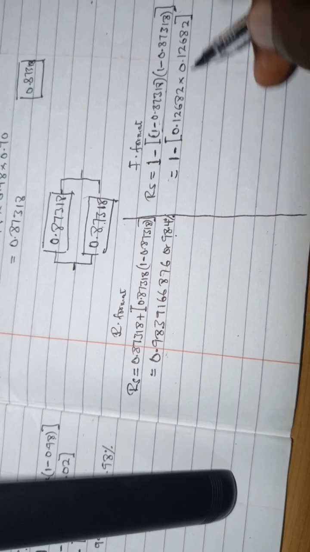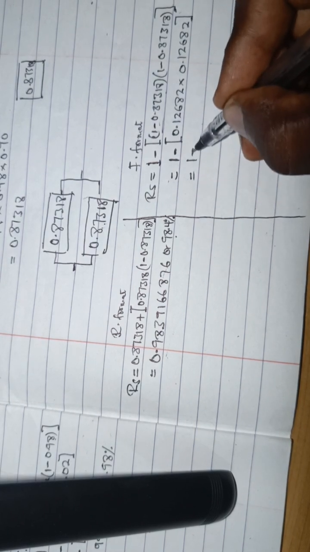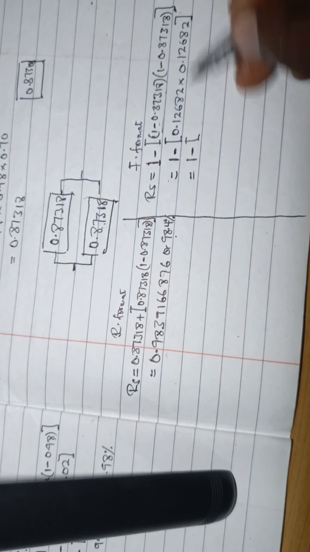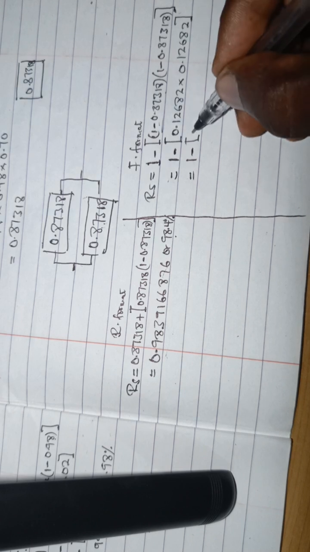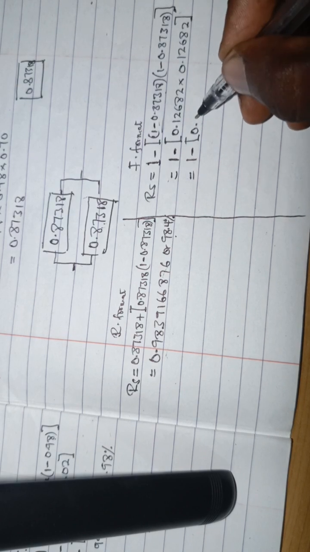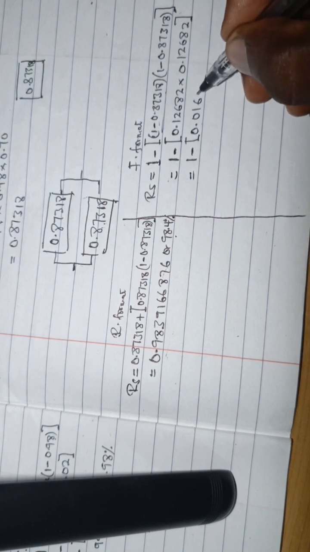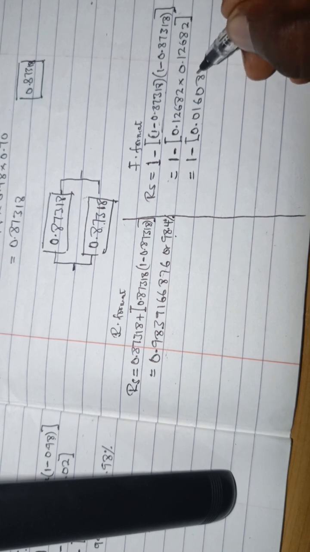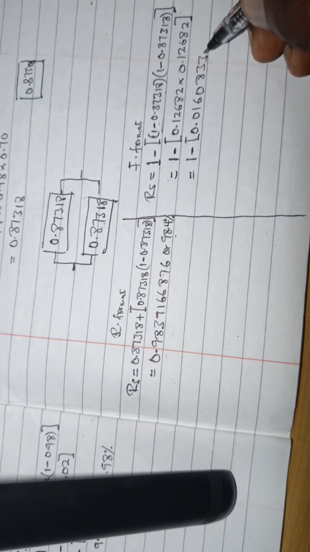Do you get it? So big bracket. So we multiply these two together. When you multiply these two together, you're supposed to get 0.016083. Okay.